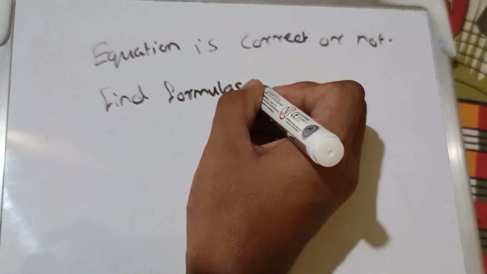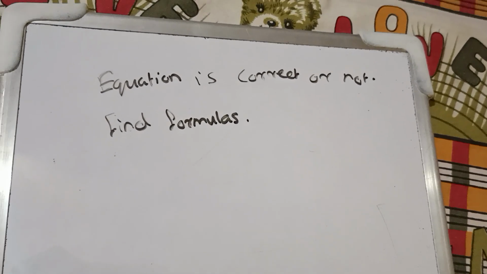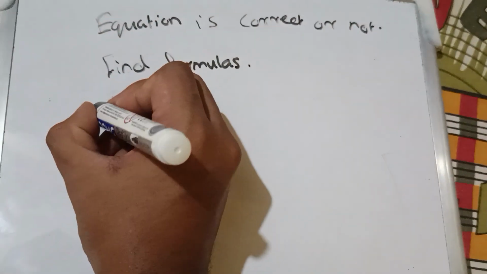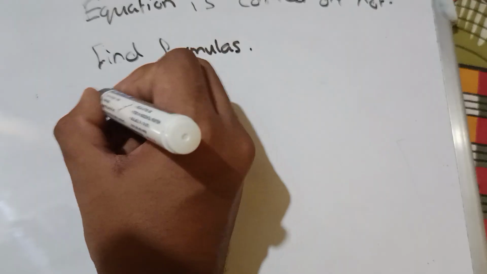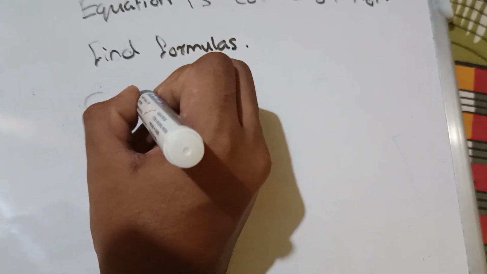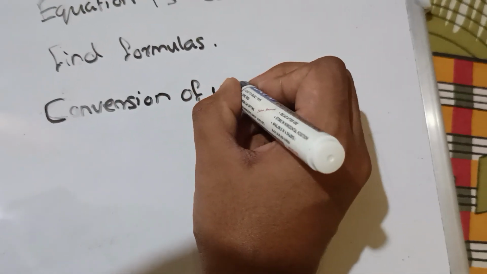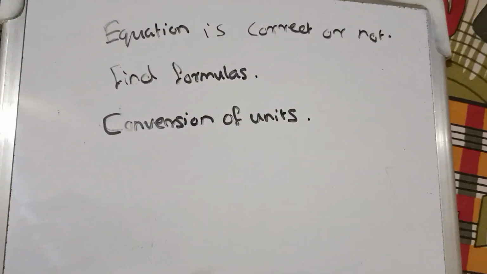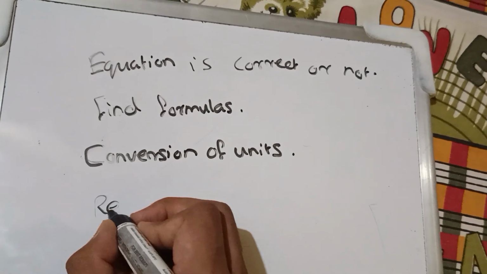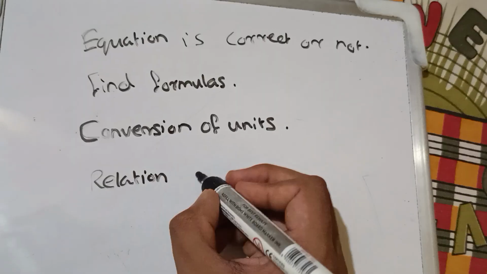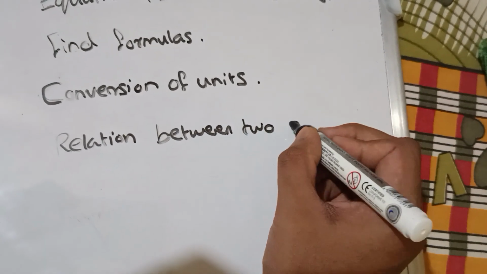How can we find formulas? We can find formulas by getting knowledge of the relations. Then we can also use this for the conversion of units. Then we can also understand the relation between two quantities.